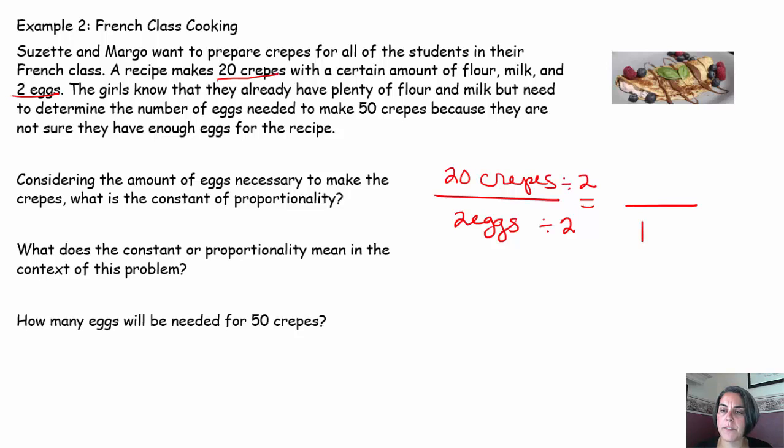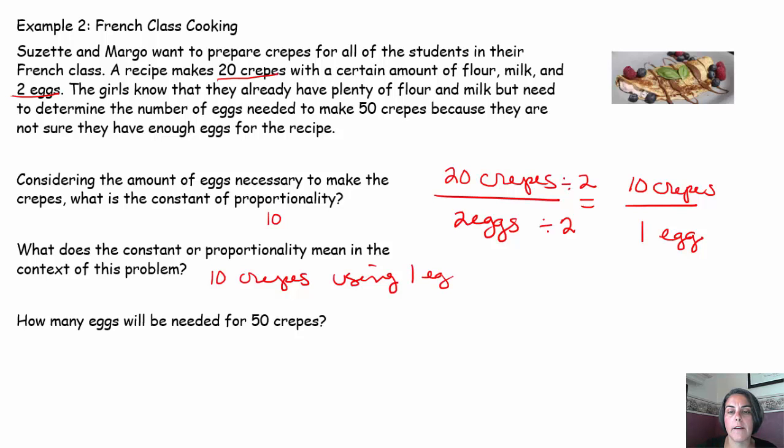So how many crepes can I make per 1 egg? 20 divided by 2, that's 10 crepes for 1 egg. So our constant of proportionality is 10 over 1, and it means you can make 10 crepes using 1 egg. How many crepes you can make depends on how many eggs you have in your house.